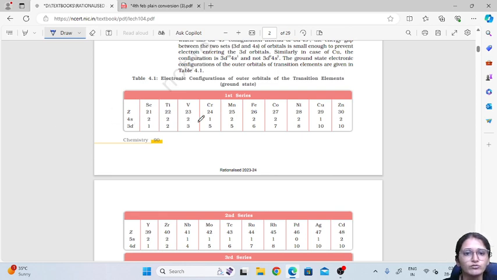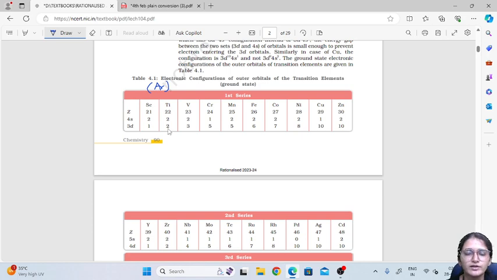Okay, and their configuration is given. Scandium has a configuration where we take argon as the noble gas and then continue. So scandium is argon 3d1 4s2, titanium is argon 3d2 4s2 and so on. Here you can easily remember the configuration by looking at their numbers.